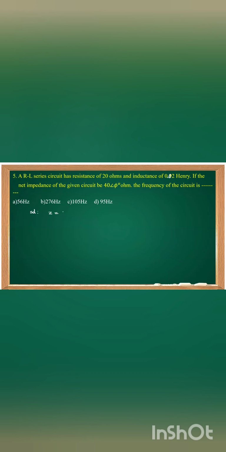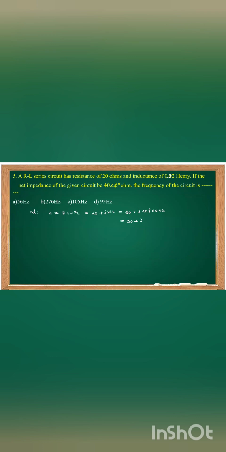You know that Z equals R plus jXL form. Here the inductance is given, so we write it as 20 plus j omega L, where omega is 2 pi F, and L is 0.02. That is 20 plus j.